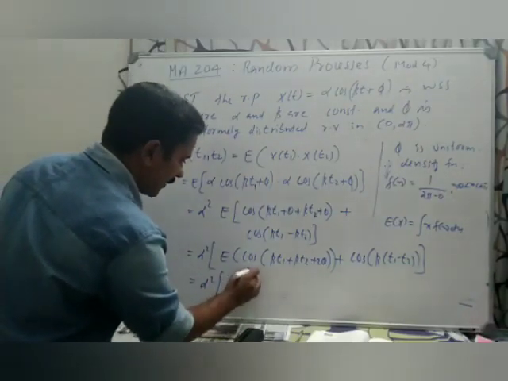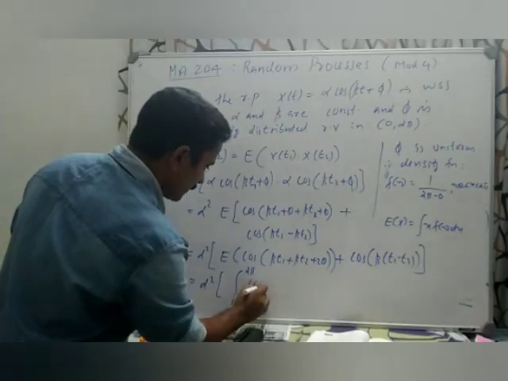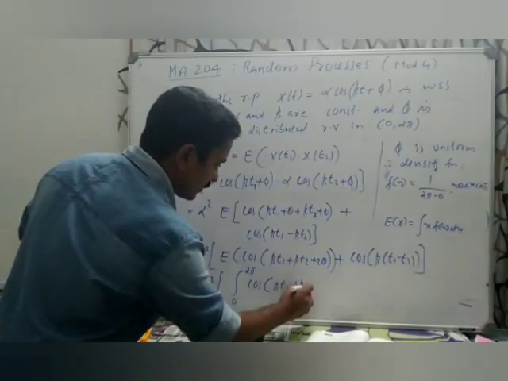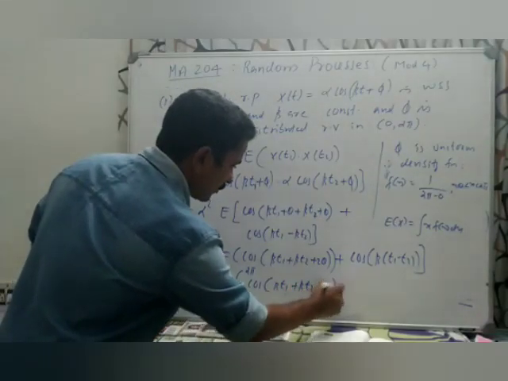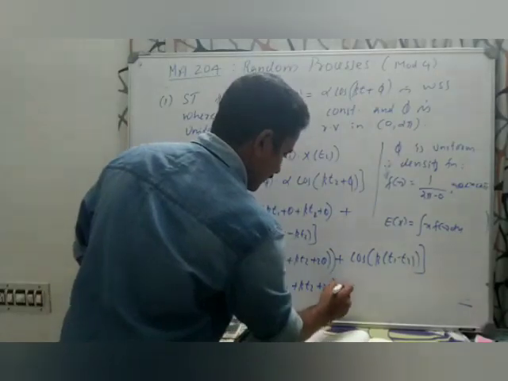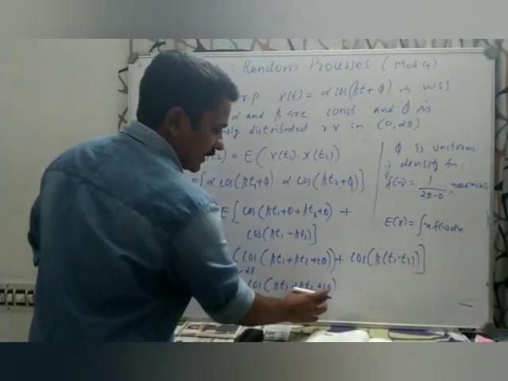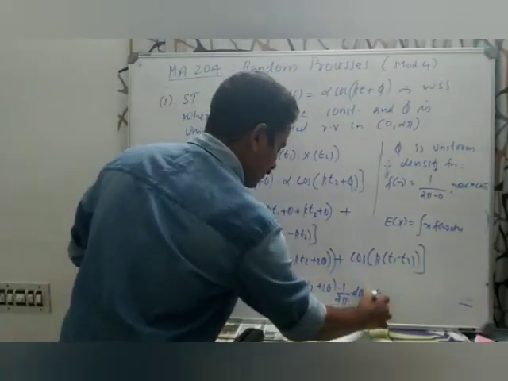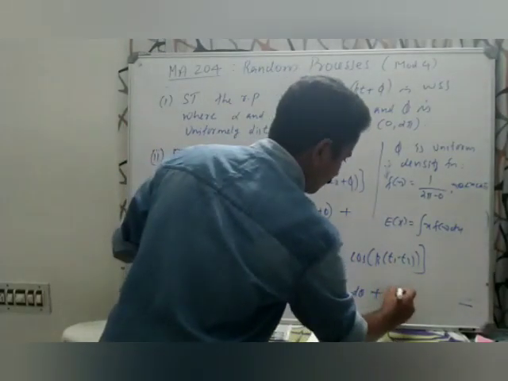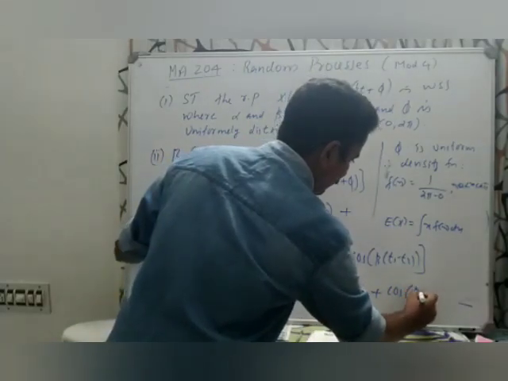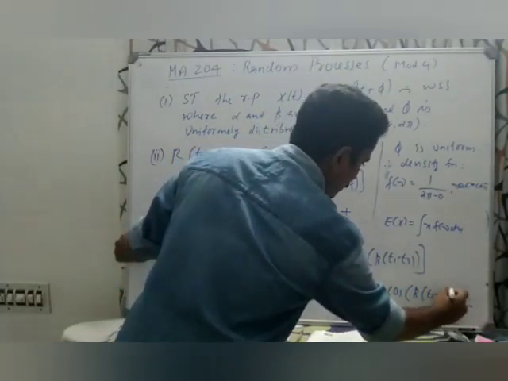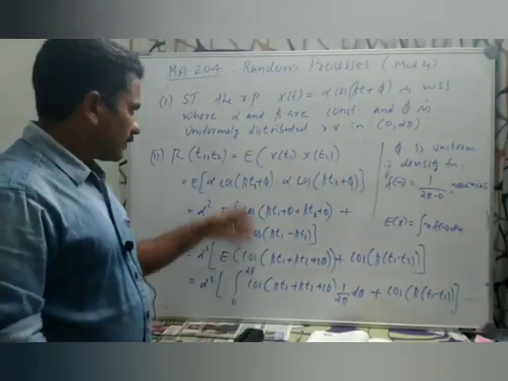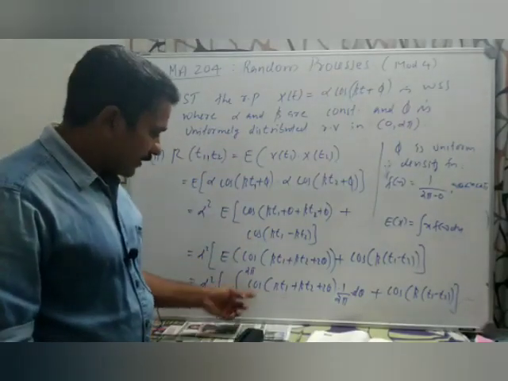The integral from 0 to 2 pi of the whole function, cosine of beta t1 plus beta t2 plus 2 theta times the density function of theta, 1 by 2 pi d theta, plus this function, cosine of beta times t1 minus t2. Okay, and the same procedure we can use to integrate this one.